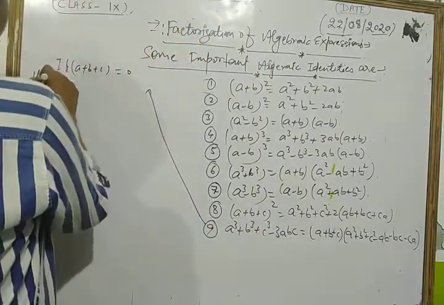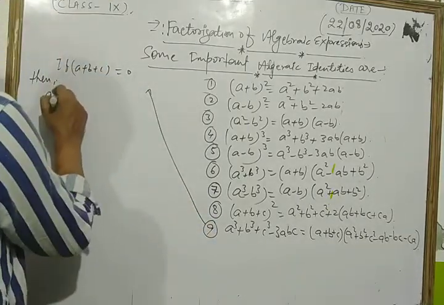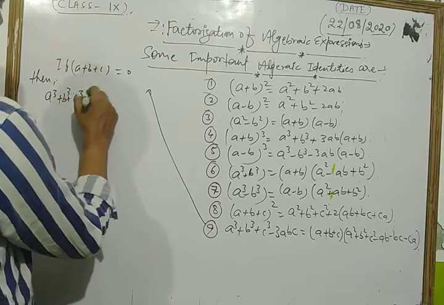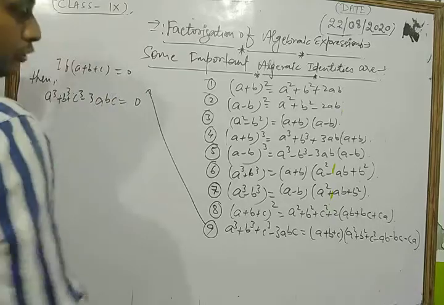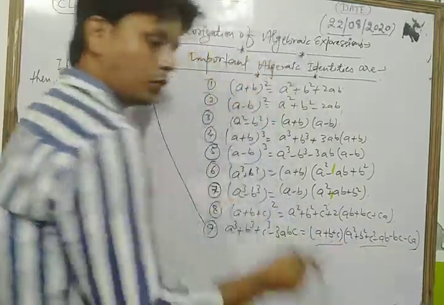Then we have a cube plus b cube plus c cube minus 3abc equal to 0, because if a plus b plus c is equal to 0, then 0 into that is whole 0.